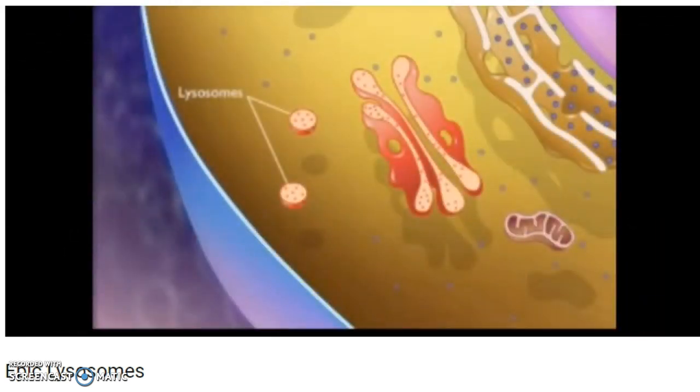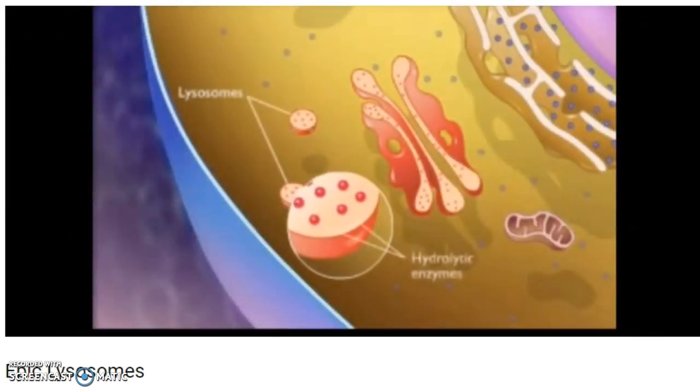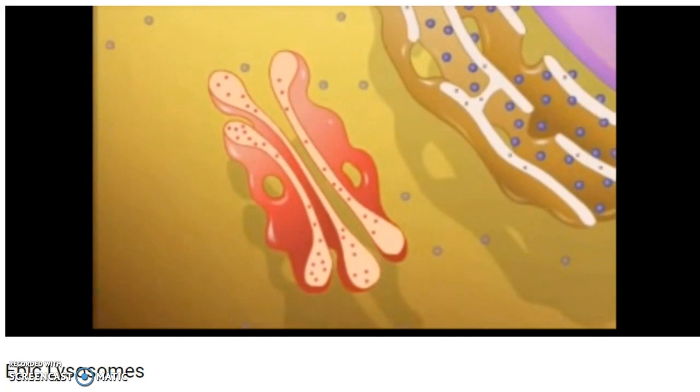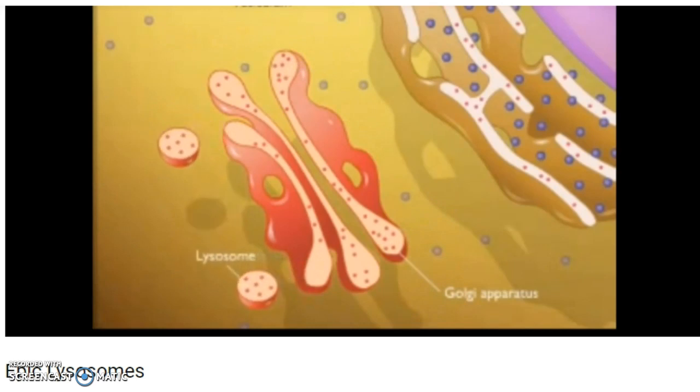Lysosomes are membrane-bound vesicles. So you see the lysosomes. The hydrolytic enzymes degrade vesicles here. Nucleic acids, lipids, and carbohydrates, and are formed in the endoplasmic reticulum. These enzymes are then transported to the Golgi apparatus by transport vesicles. The lysosomes arise from the Golgi apparatus.